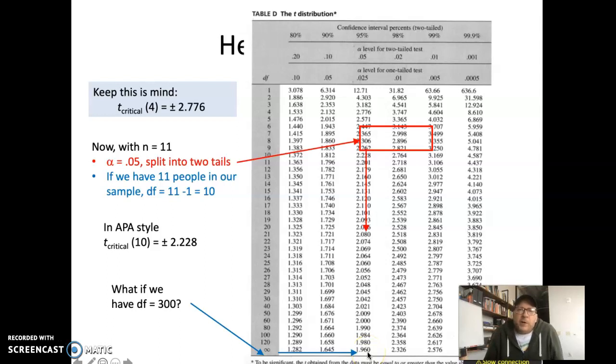If you flip back to our z-test, the critical value for z with an alpha of 0.05 and 2 tails, it's 1.96. So by the time you get over 150 degrees of freedom, this is literally the same thing as a z-test. Mostly important when you're estimating the sample standard deviation with a low sample size.